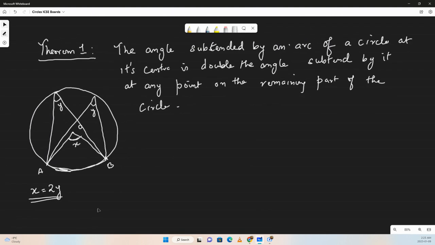If you draw an arc AB, the angles subtended by the same segment of the circle are equal. So all these angles are basically y. So that is theorem 2.